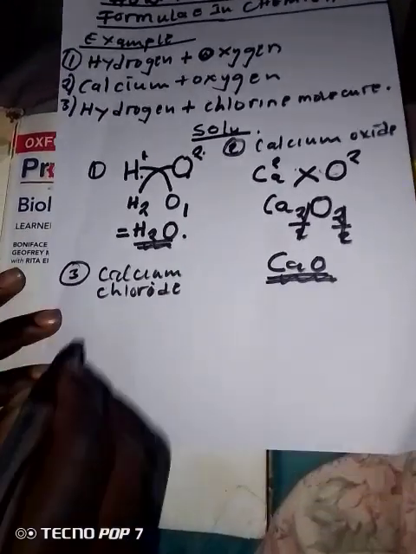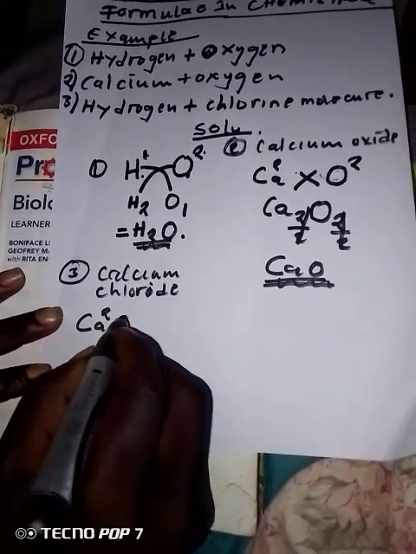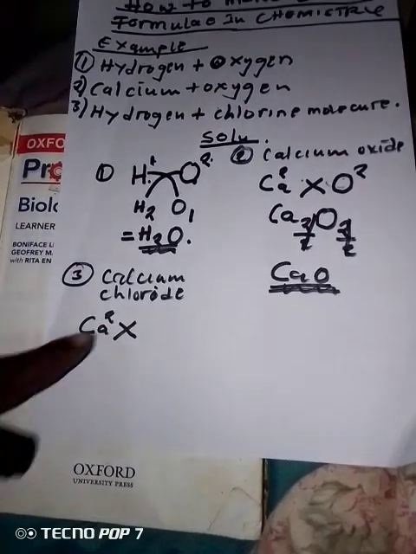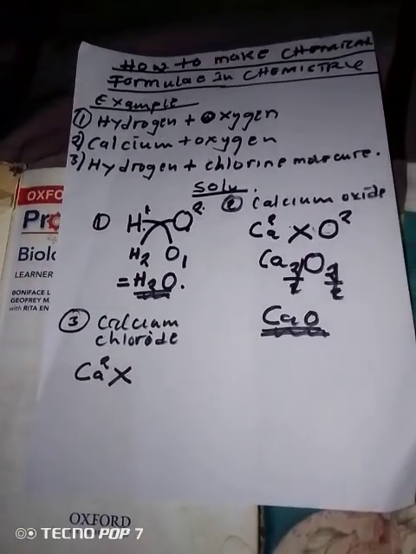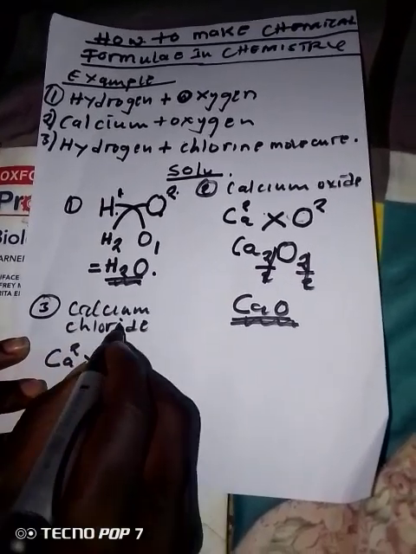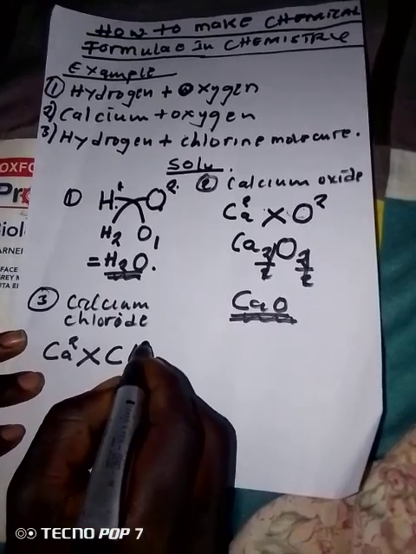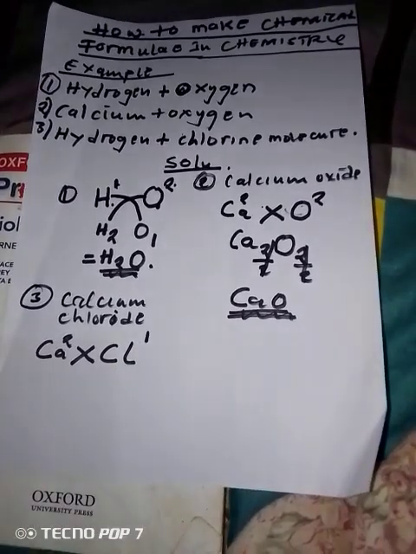Calcium, its symbol is Ca, with a valence of 2 as a superscript. Remember, when the number on top is not a valence, we call it a superscript. Then we have chlorine, Cl. It has a valence of what? 1, so a superscript of 1.